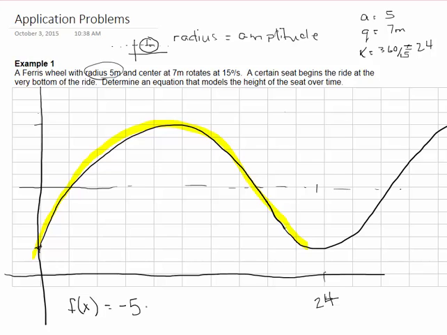So I have -5 cos, my K is 24. There was no phase shift at all. This didn't move off the x-axis, so I have 24 theta because my P is 0, plus 7. And there you have a complete equation done for another word problem.